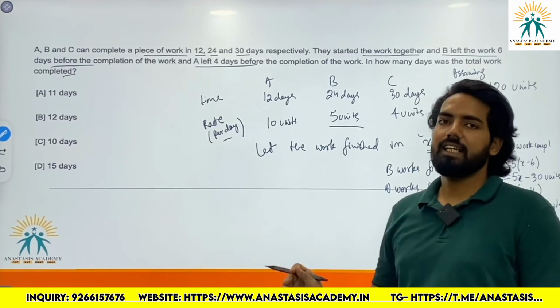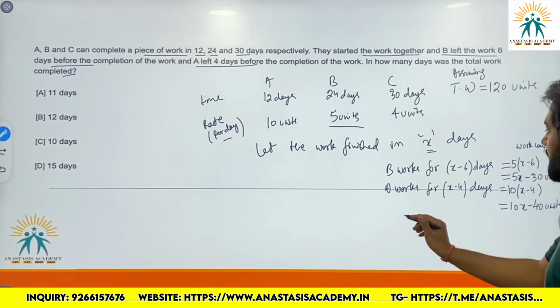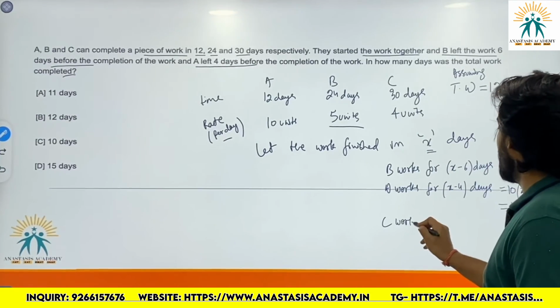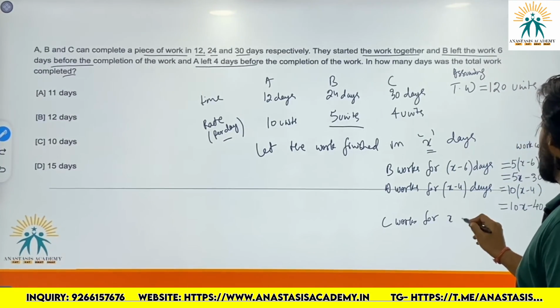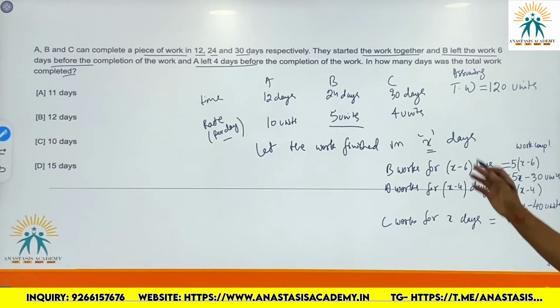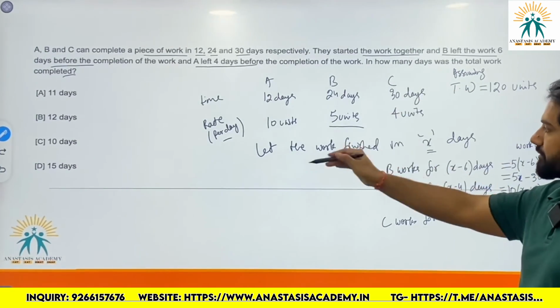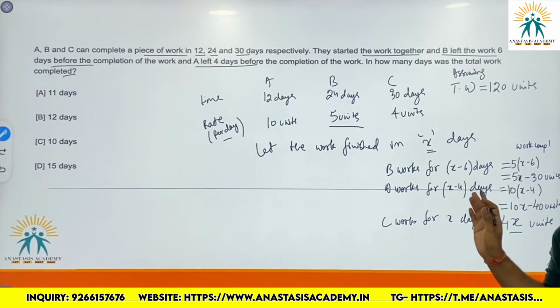And C is working for the total of X days. If C works for X days, the total units completed by him would be 4 units in X days, that is 4x units.